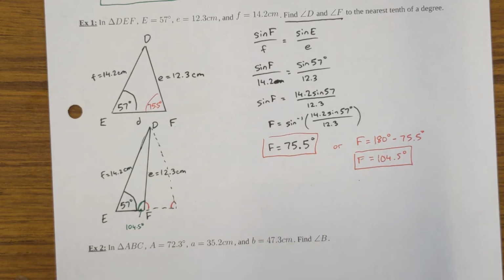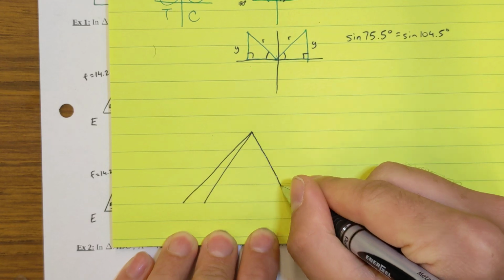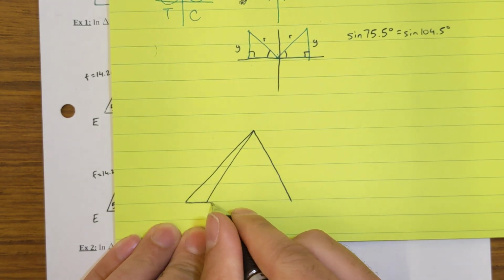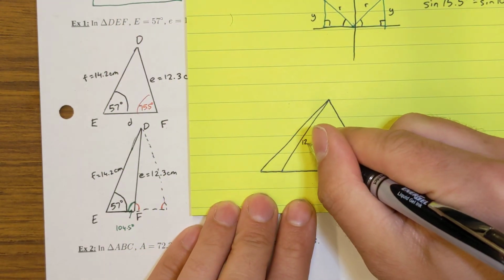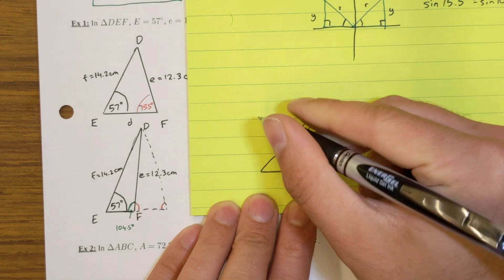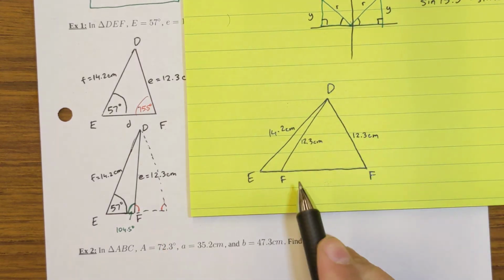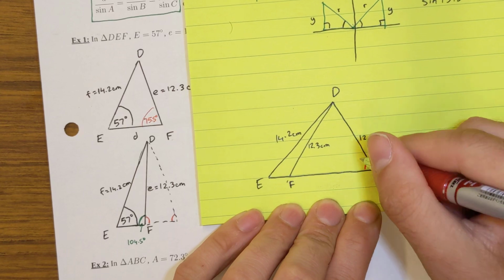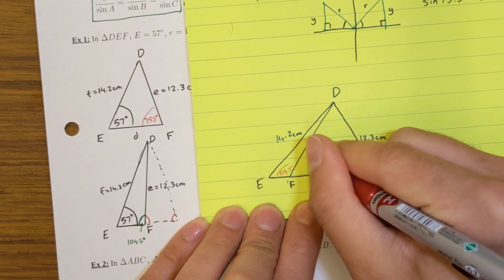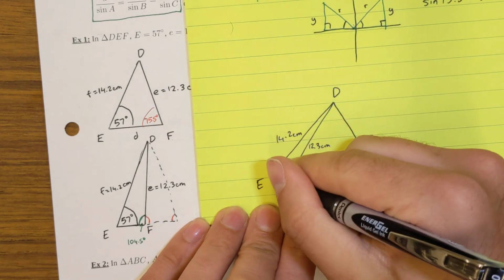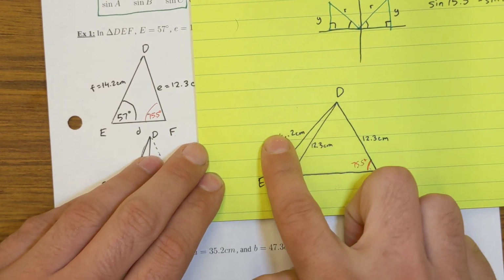And it might help if I draw this a little bit more exaggerated here, where I have a drawing that looks kind of like this, where I have two options for F. One with this as a 75.5 degree angle, and one with this as a 104.5 degree angle, where they both have the same angle E, the same side from D to F, whether it's this small triangle or this great big triangle.